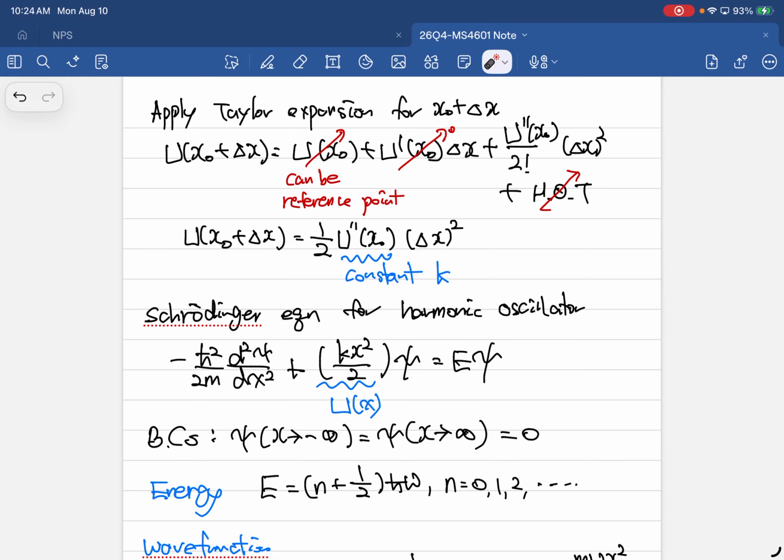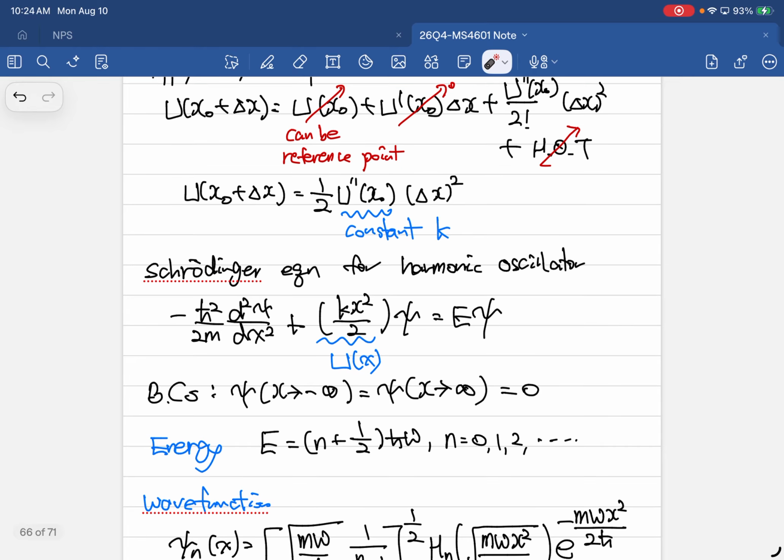Okay. So in this case, we are going to apply the boundary conditions. The boundary condition in this case is that the wave function at x being negative infinity or x being positive infinity should be 0. Because think about it, we are essentially displacing it, but as x goes to infinity or negative infinity, the probability density function has to be 0, right?